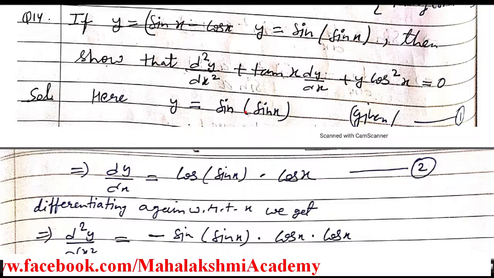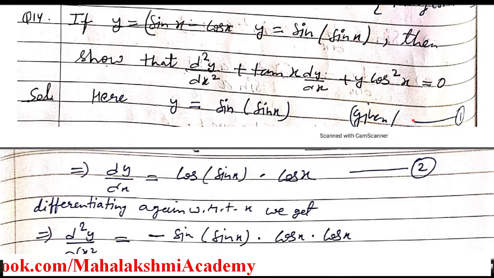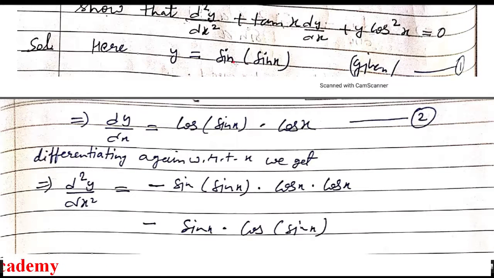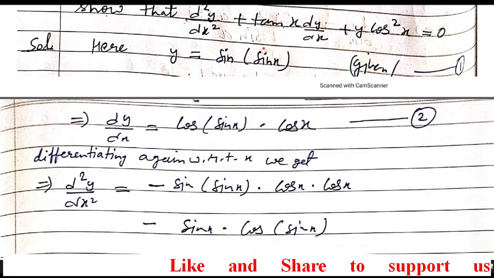First I wrote here y, that is our first equation, and then we will differentiate it with respect to x. When we differentiate it with respect to x, we obtain dy/dx. Now, sin x differentiation is cos x, that's why cos(sin x) came. Now we have to apply the chain rule to the innermost function, that is sin x.